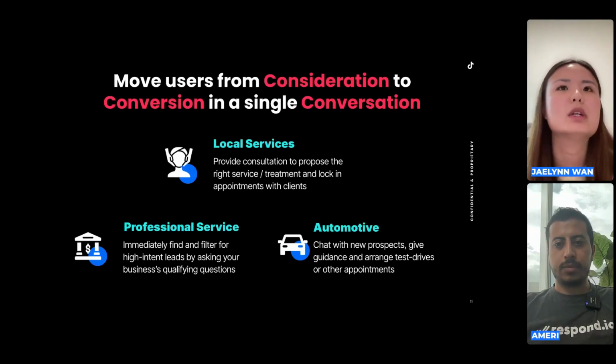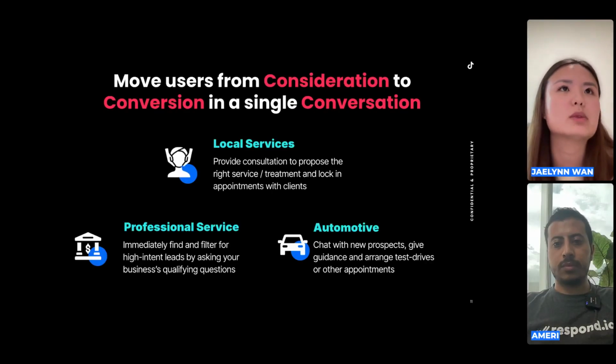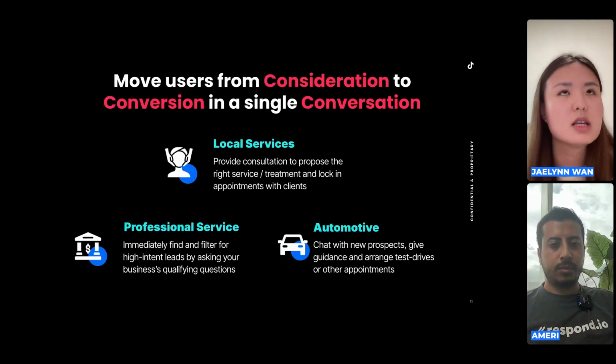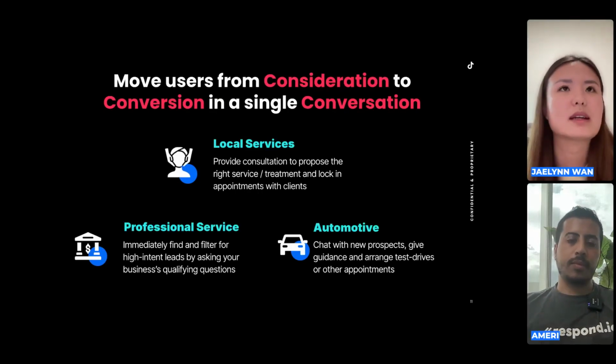So for example, let me choose maybe local services. If you are a beauty salon or hair removal clinic or something like that, the eventual goal, right, is to lock in appointments with clients through conversation. So how you can do so is by coming up with videos that I'll show you in a bit. I think it's on the next slide.